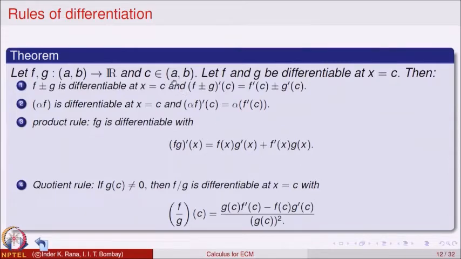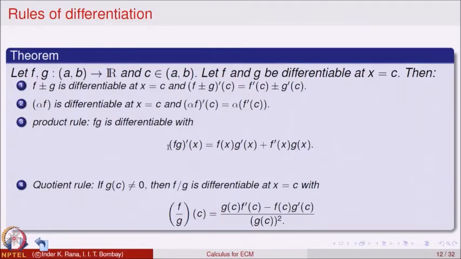So, let me just repeat once again. The first two properties of differentiation essentially give us what is called the linearity of the derivative, namely if f and g are both differentiable, then f plus g, f minus g and alpha f are all differentiable functions. The derivative of f plus g is equal to the sum of the derivatives. The derivative of the scalar multiple is equal to the scalar multiple of the derivative.